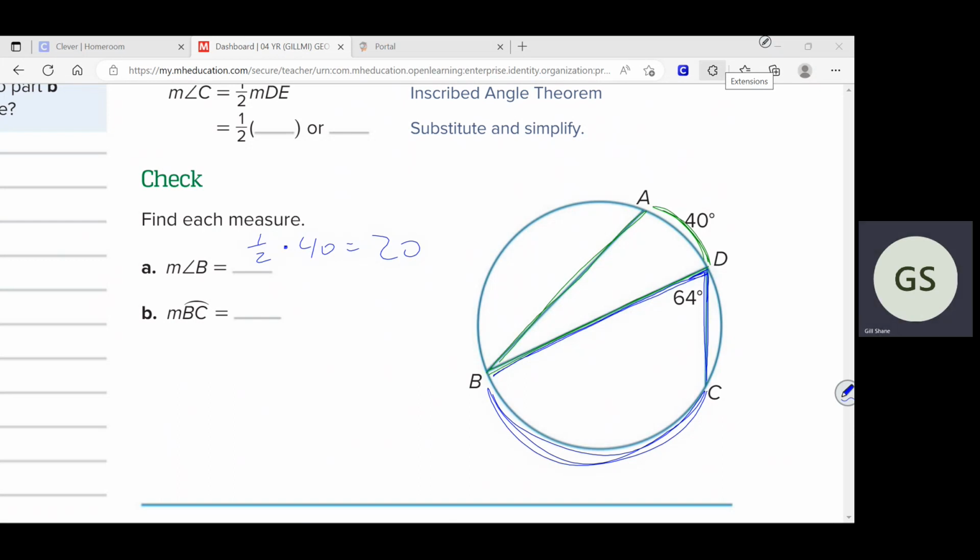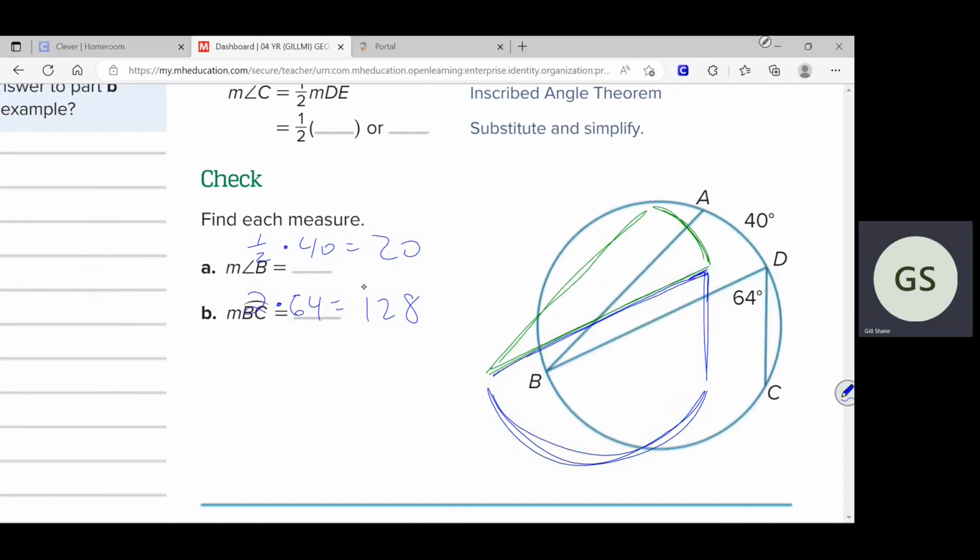So angle D matches up with arc BC. So opposite relationship, you should have gotten 128 for the arc BC. Again, both pretty easy. There won't be a ton of problems that easy, but take advantage of the one that's on there. All you got to know is either multiply by 2 or divide by 2, depending on which direction you're going. Any questions on that?